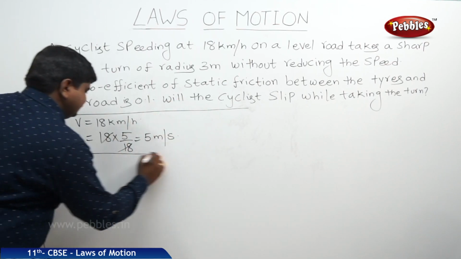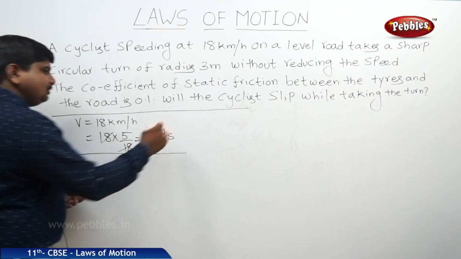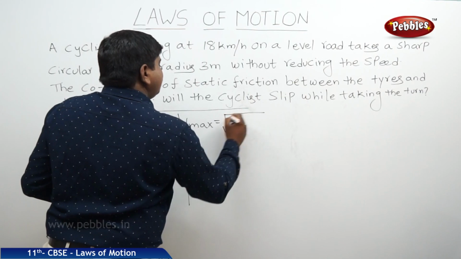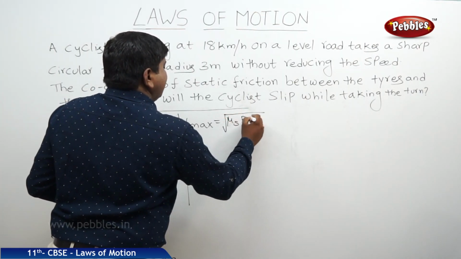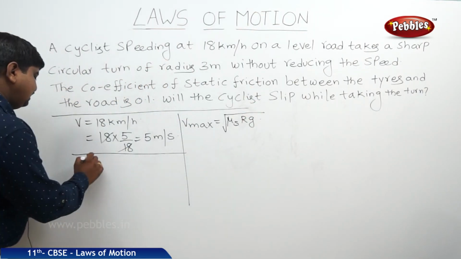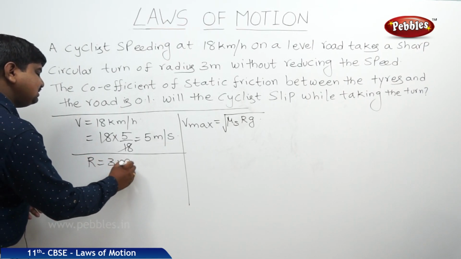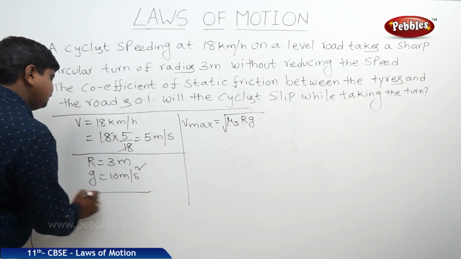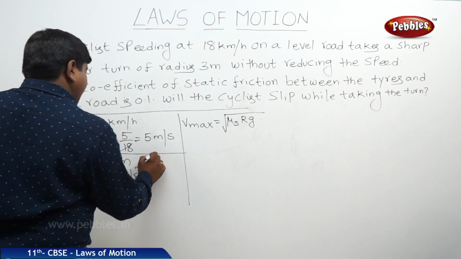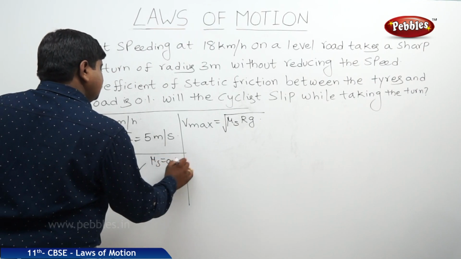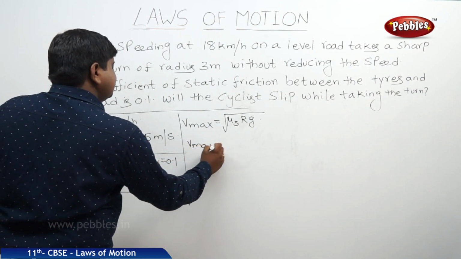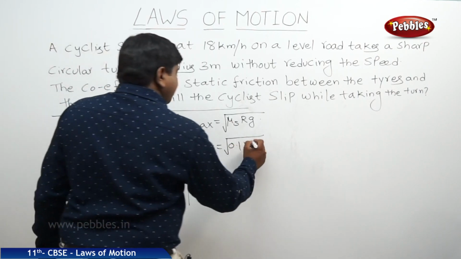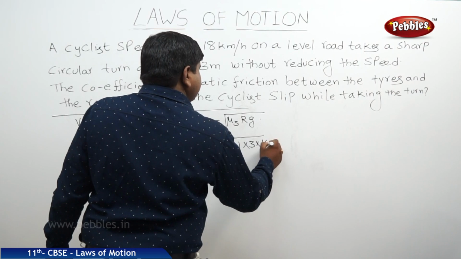So let me check. The velocity is 5 meters per second. We know that V max is square root of mu s rg. The radius of the circular path is 3 meters, the g value is 10 meters per second square, and mu s is 0.1. After the substitution, V max is equal to square root of 0.1 into 3 into 10.